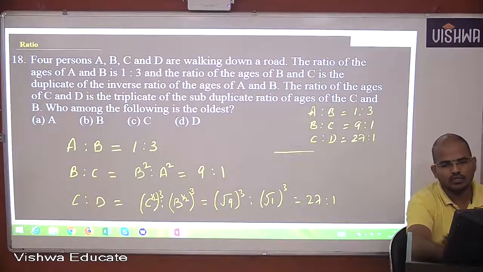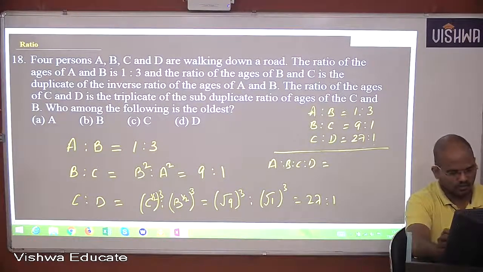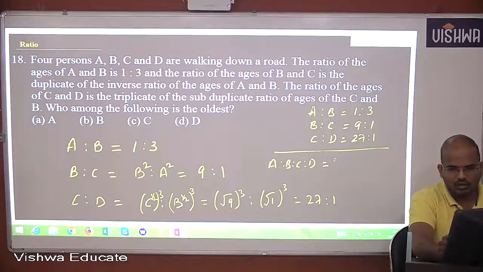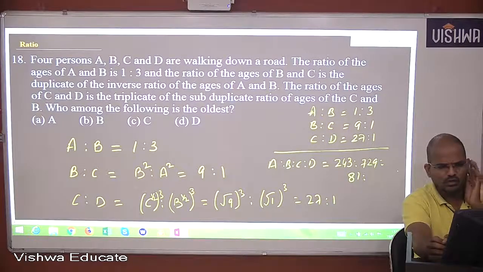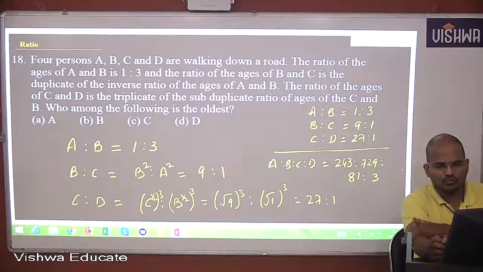So common sense says if you calculate A is to B is to C is to D, definitely, this would be 27 nines are 243, 729 is to 81, right?